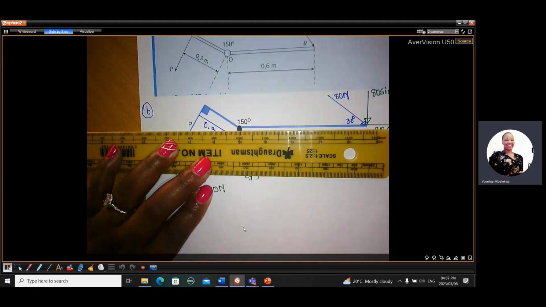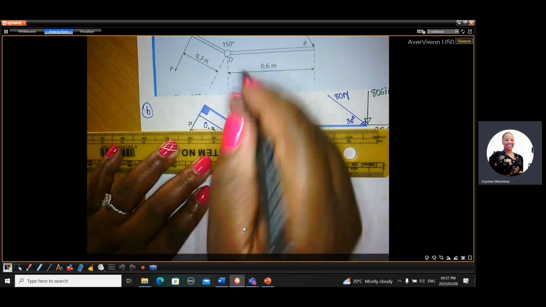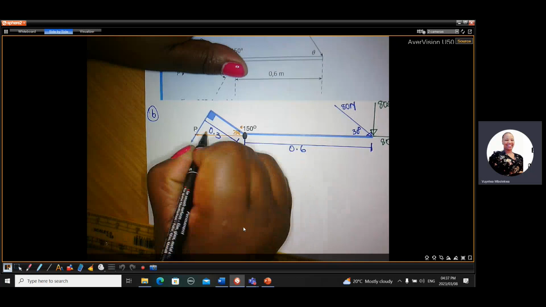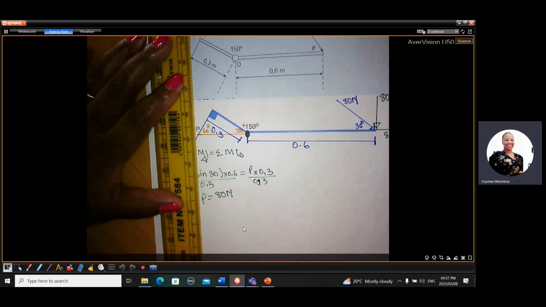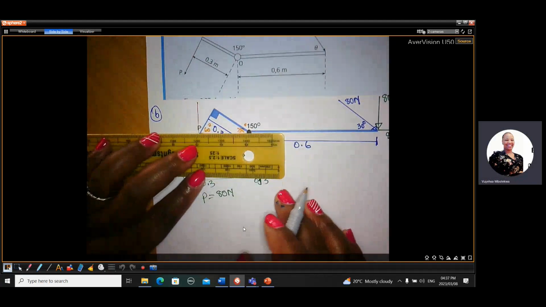We're going to resolve force P to see how far it is from the horizontal and from the vertical. This is again 30, that's 60. So we're going to have a parallel component and a perpendicular component.